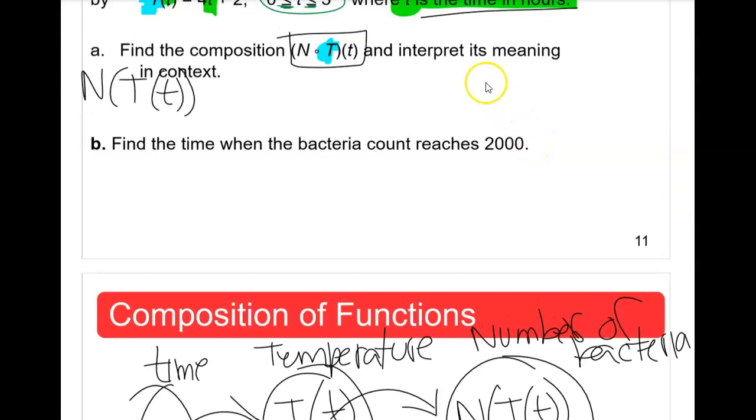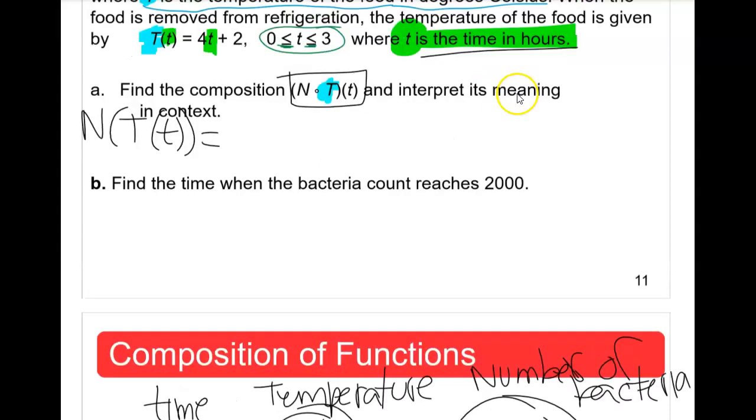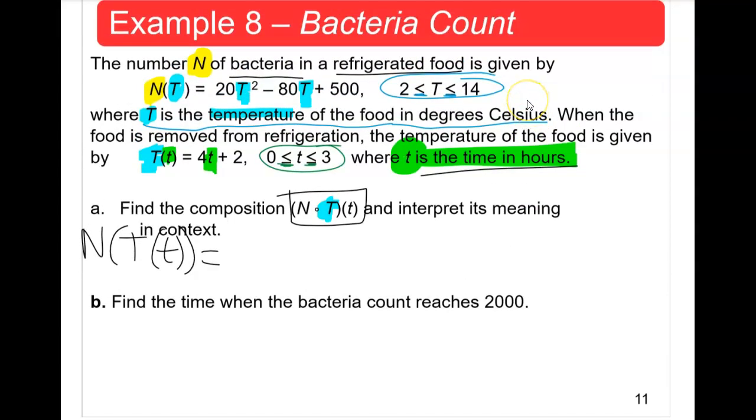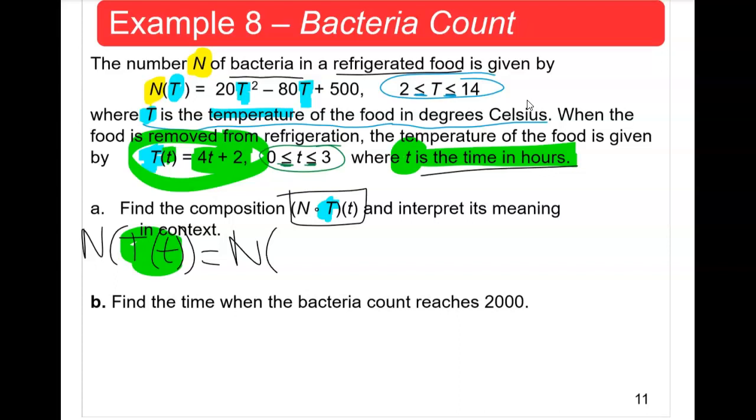So we're going to have the inner function, the temperature function. The equation for that is going to be all of this here. So instead of T of t, we are going to replace that with the equation for T, 4t plus 2.